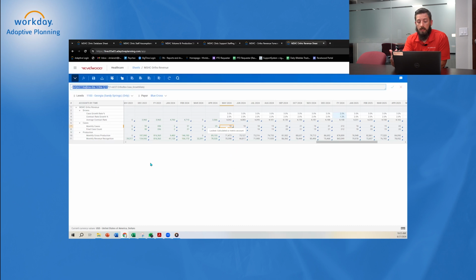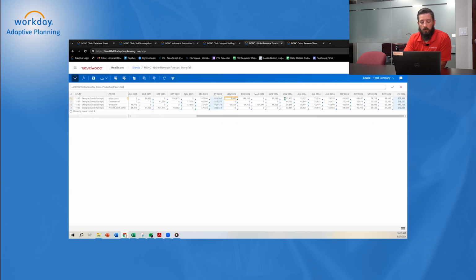It might be a direct input. It could be a variety of options. We feel that the last 12-month look back is the most consistent with that growth rate applied. Those numbers become simple math. A times B gives us our total gross production for the month, and that number flows back into that gross production revenue waterfall that I just showed you, and that's how we get full circle.